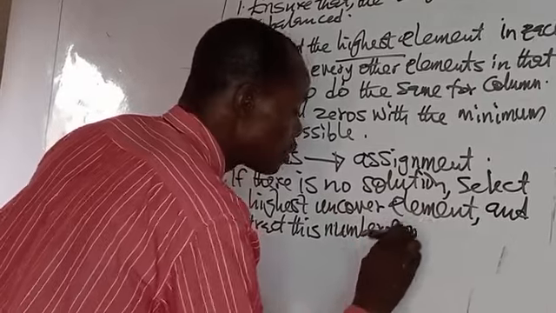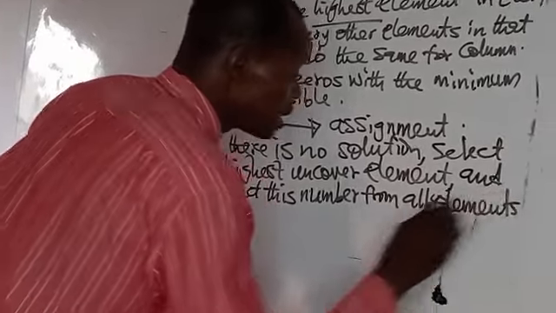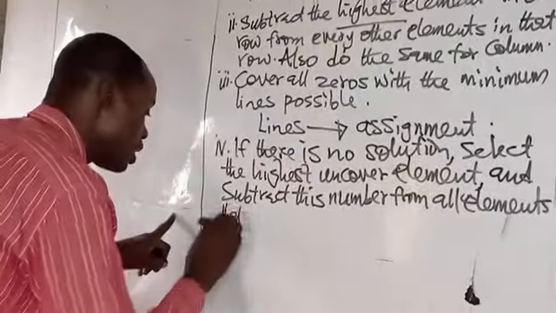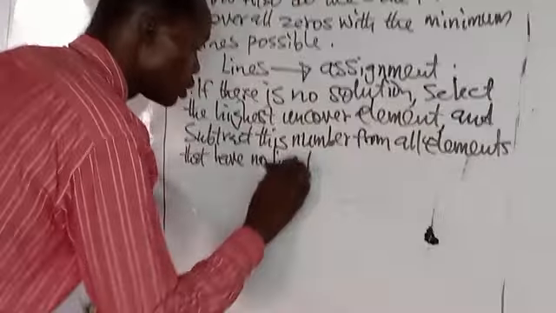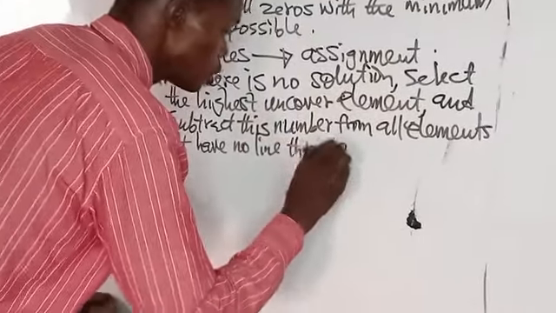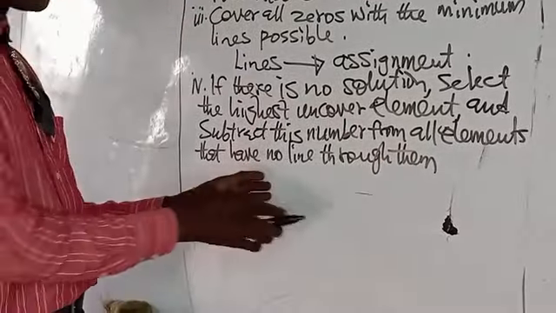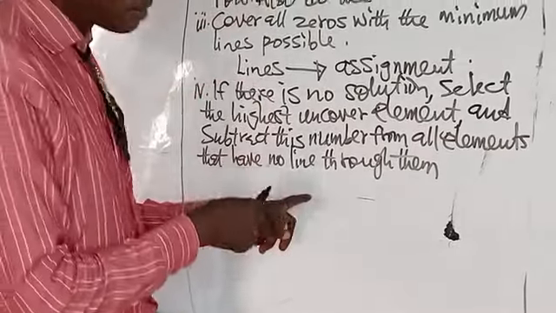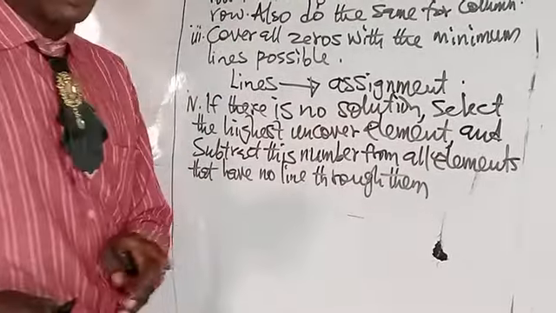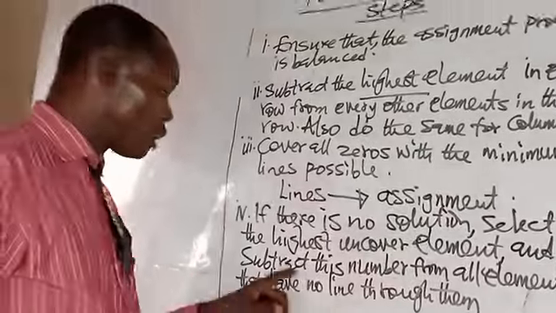Then you also add it to the number at the point of intersection of two lines.